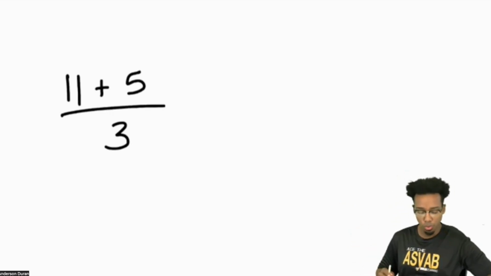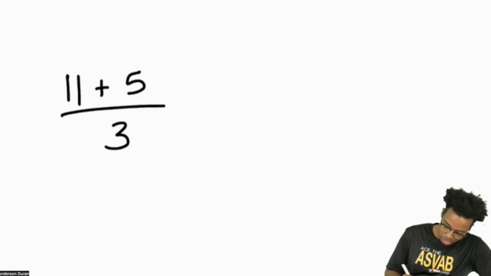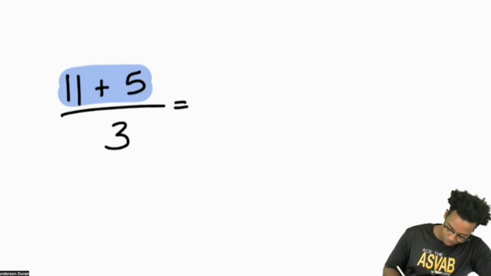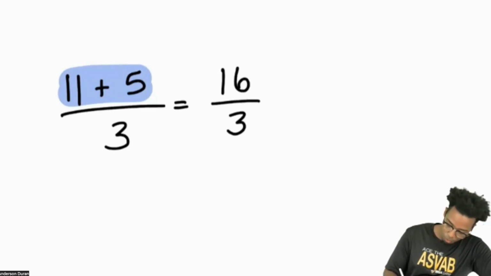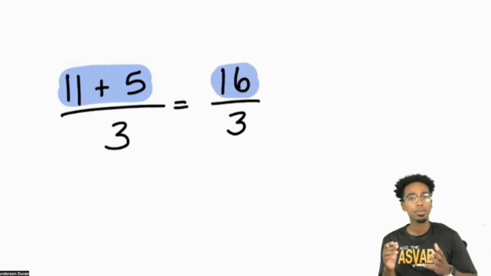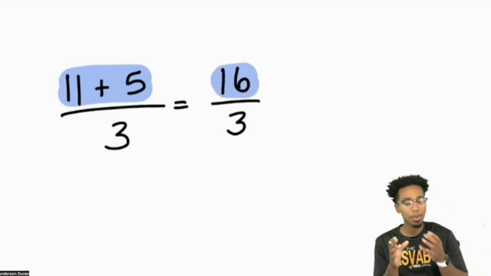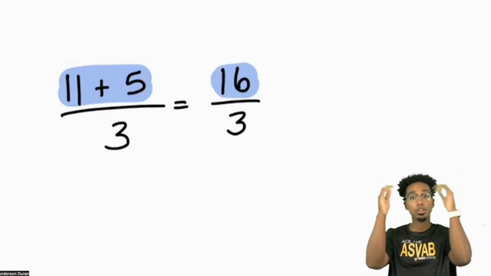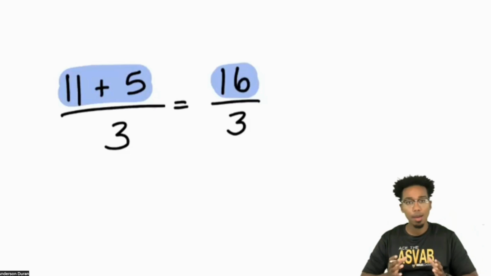Is it true that you have to treat the whole numerator as if it were a group? Because 11 plus 5 over 3 should be 16 over 3. You have to add what's in the top first, right? You have to look at the top and understand that that's a group. You're saying your whole numerator divided by your whole denominator.